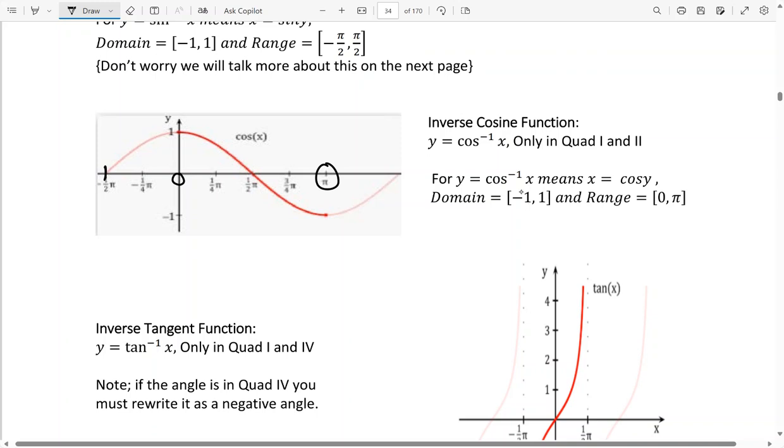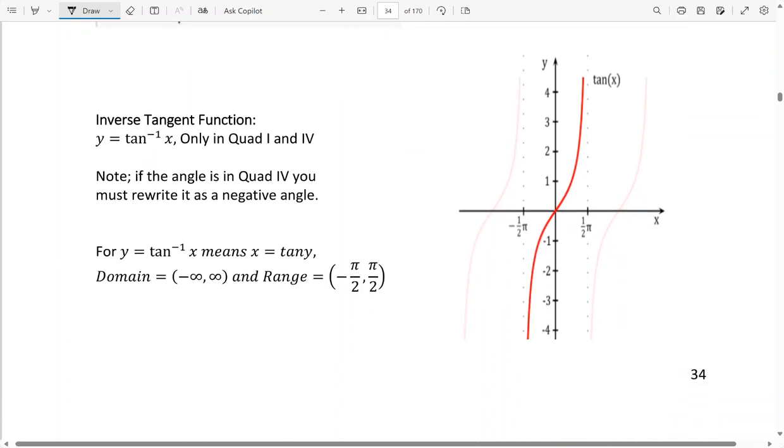So the domain then of the inverse function, and that's what this negative 1 here means, it doesn't mean raised to the negative 1 power or anything crazy like that. It just means the inverse. The domain for the inverse function is negative 1 to 1. In other words, the values that I can plug in for x here have to be between negative 1 and 1, and the output, my answer, is going to be an angle in radian measurement between 0 and pi.